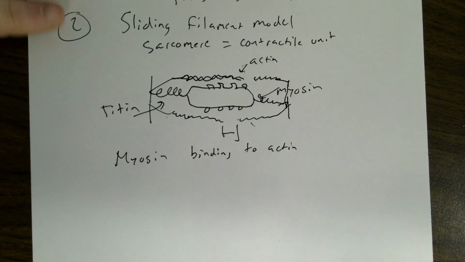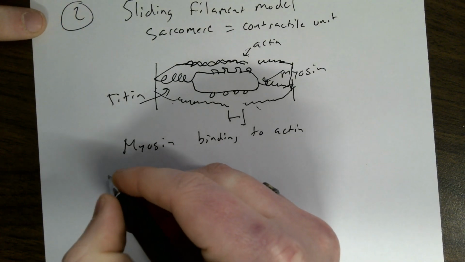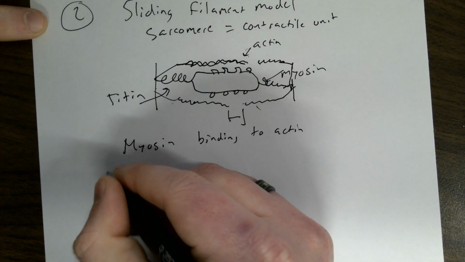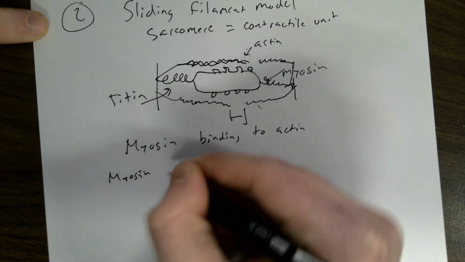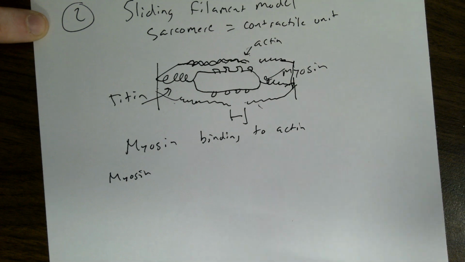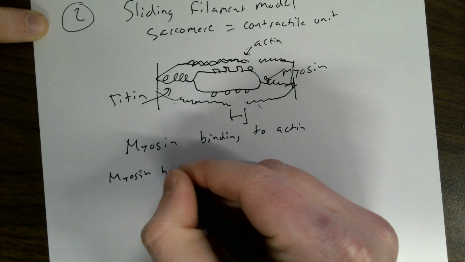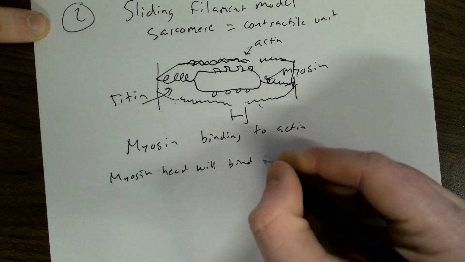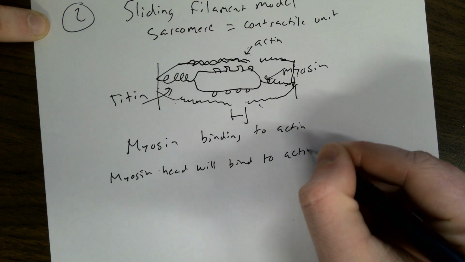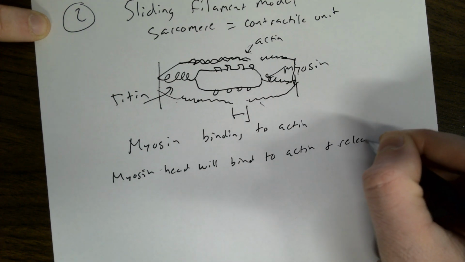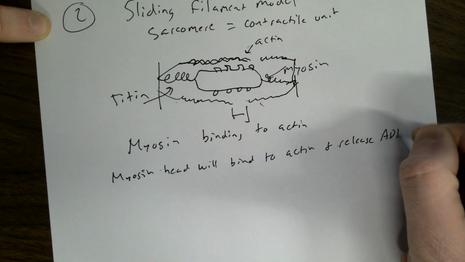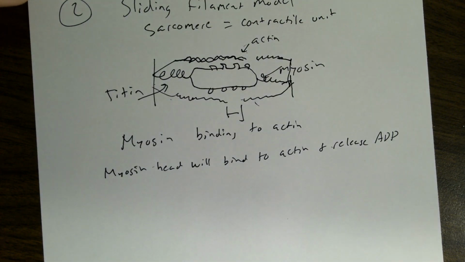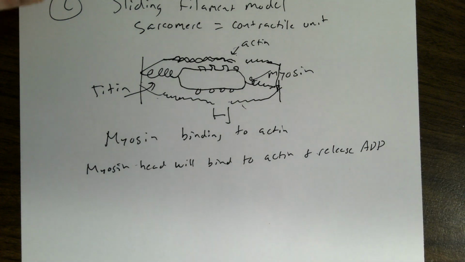Okay, so here we go. Step 1 is the myosin heads will bind to actin and release ADP.